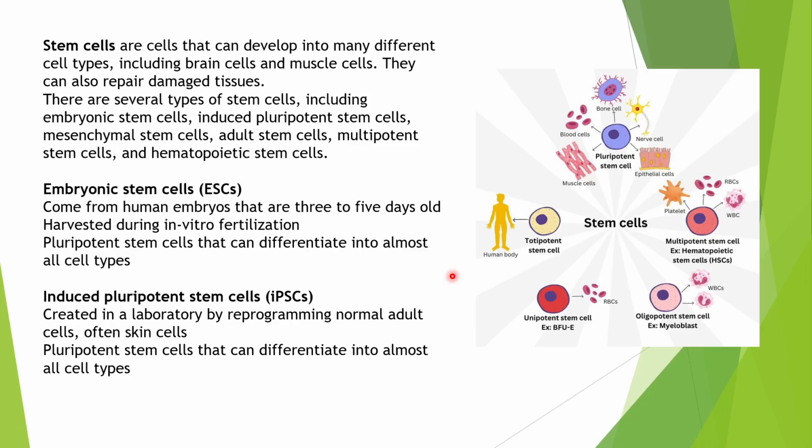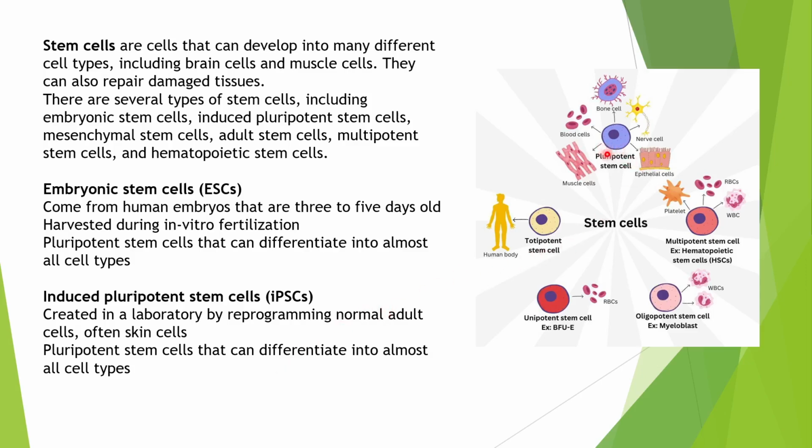Normally your skin cell cannot differentiate into a different type of cell. They can proliferate to form another layer of skin cells, but these are now reprogrammed. The genetic manipulation is done so that it can acquire pluripotency. So this is an induced pluripotent stem cell.